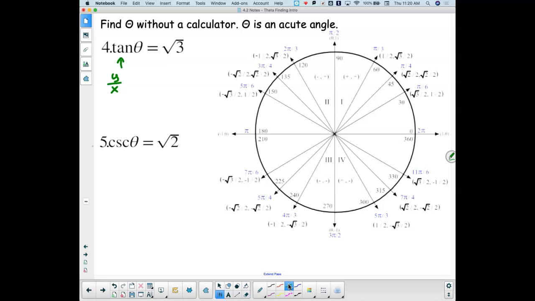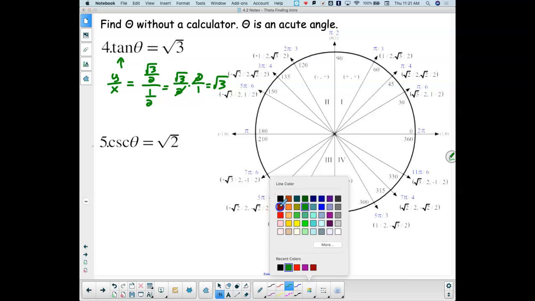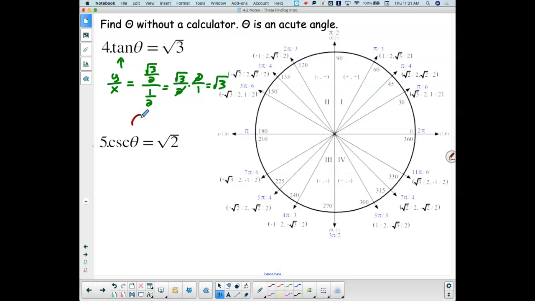Okay, so we're trying pi over 3. So pi over 3 would be the square root of 3 over 2 divided by 1/2. That's going to be the square root of 3 over 2 times 2 over 1. The 2's cancel each other out. Leaves me with the square root of 3. Square root of 3 is the square root of 3. So, yepper, theta here is pi over 3.